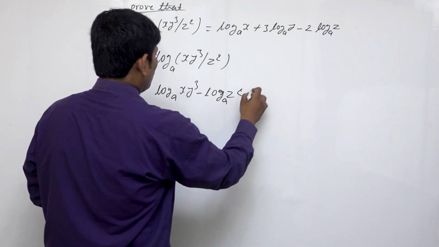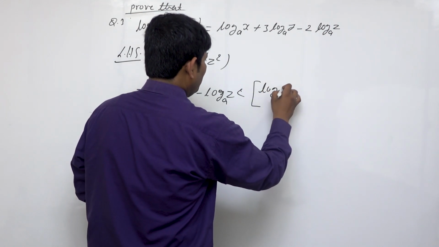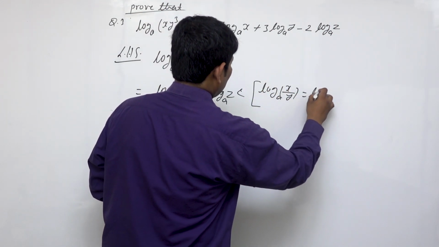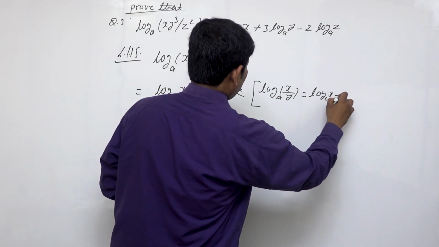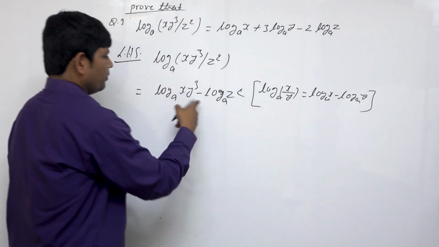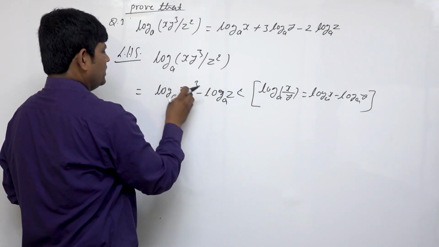What property did I apply here? Log of x over y to the base a is equal to log of x to the base a minus log of y to the base a. That property I applied here. This is x, this is y. So log of this by this.